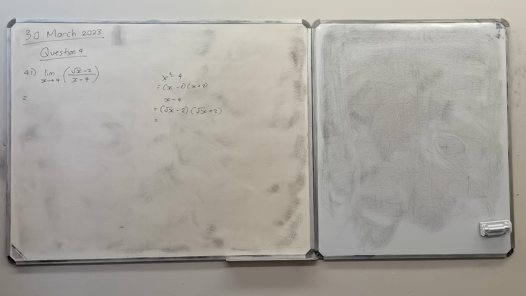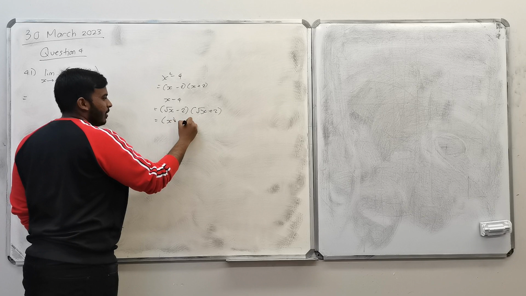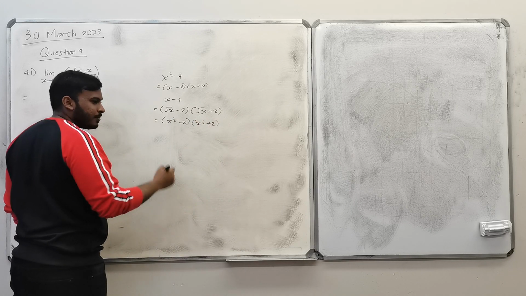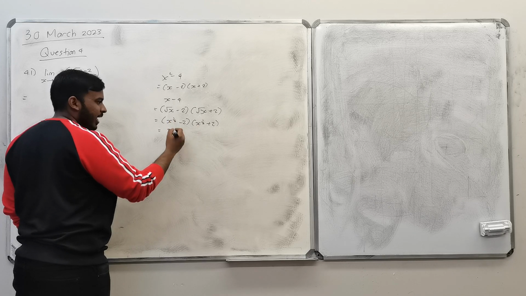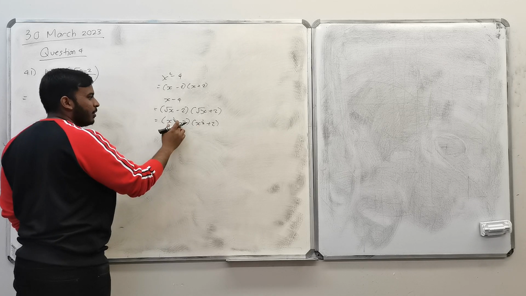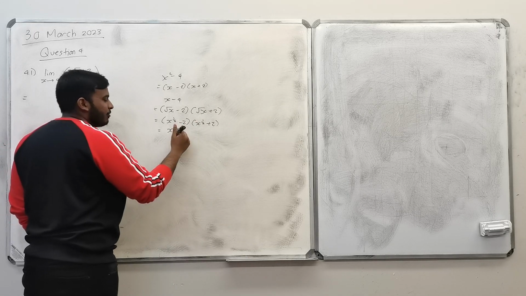Same base, you add the indices, half plus half is 1. So this is x to the half minus 2 times x to the half plus 2, which gives x minus 4. The two middle terms cancel, because you end up with minus 2x to the half plus 2x to the half, and you're left with x minus 4.